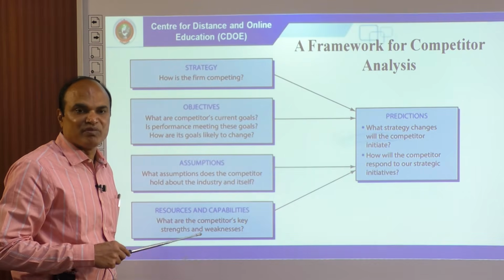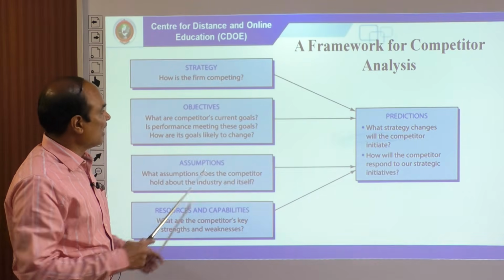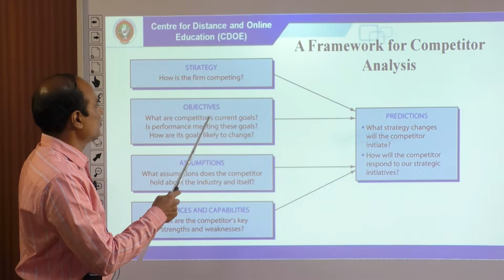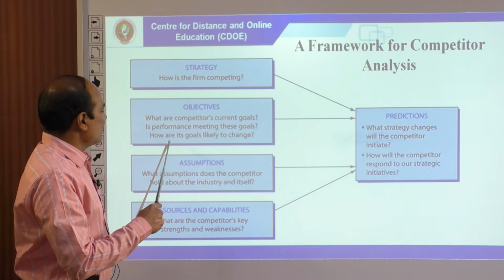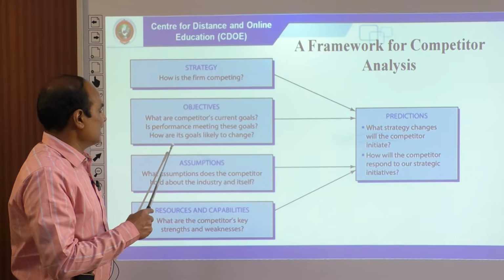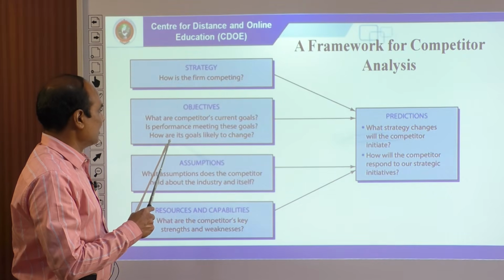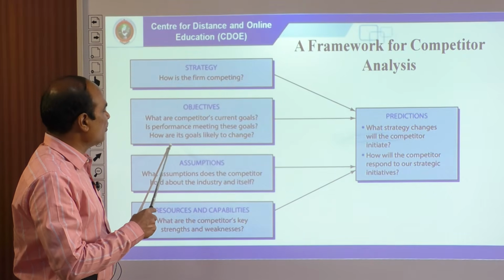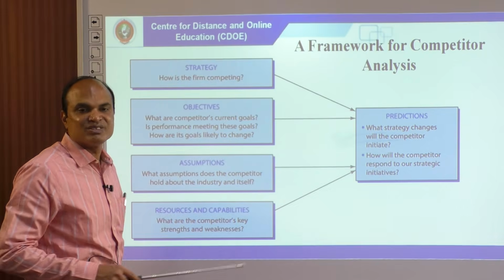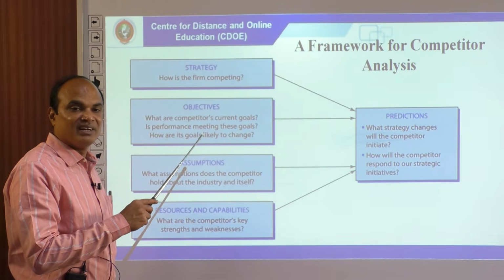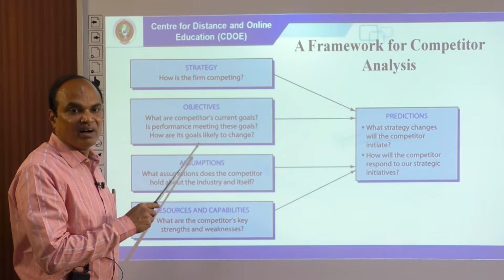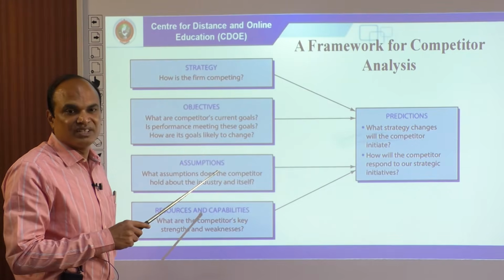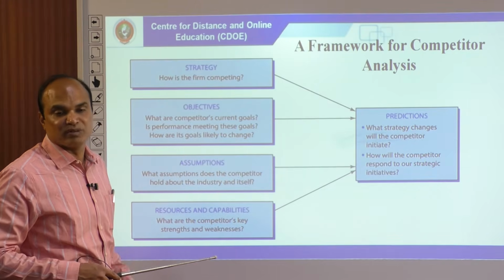Whether the existing performance of the competitors is good enough to meet the current goals. Then, based on the industry dynamics, how are its goals likely to change? Are they going to remain the same, or are they likely to change in the future?